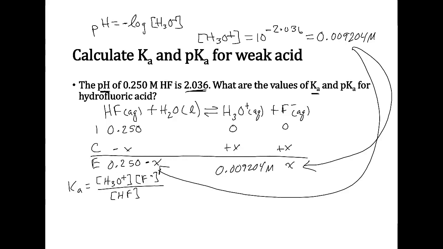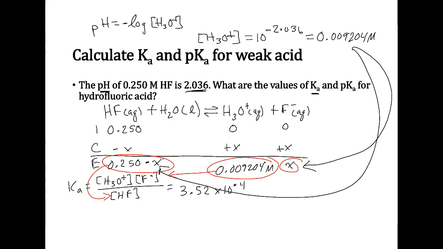Then we can go ahead and plug in our values here. We know the equilibrium concentrations of H3O+ and F minus. We can calculate this here, throw it in for HF, and we can calculate Ka to be 3.52 times 10 to the negative fourth.